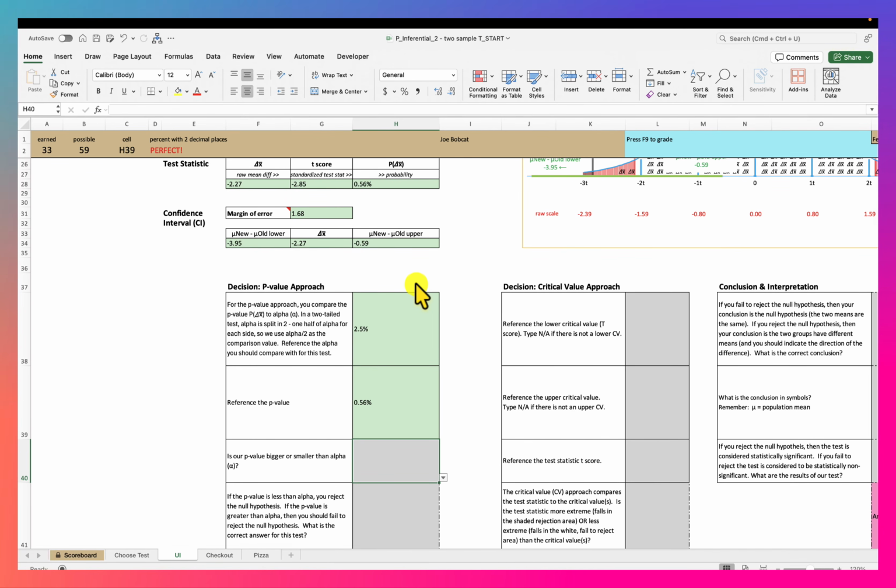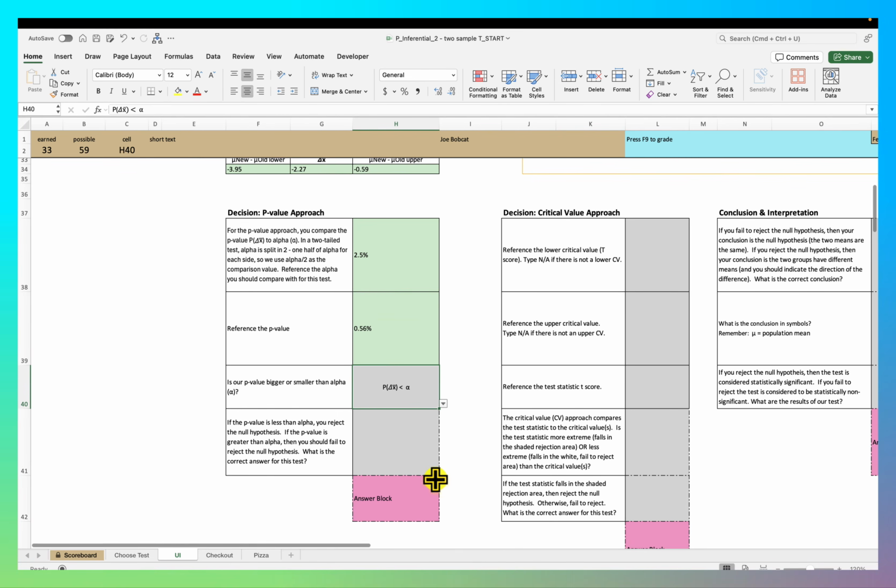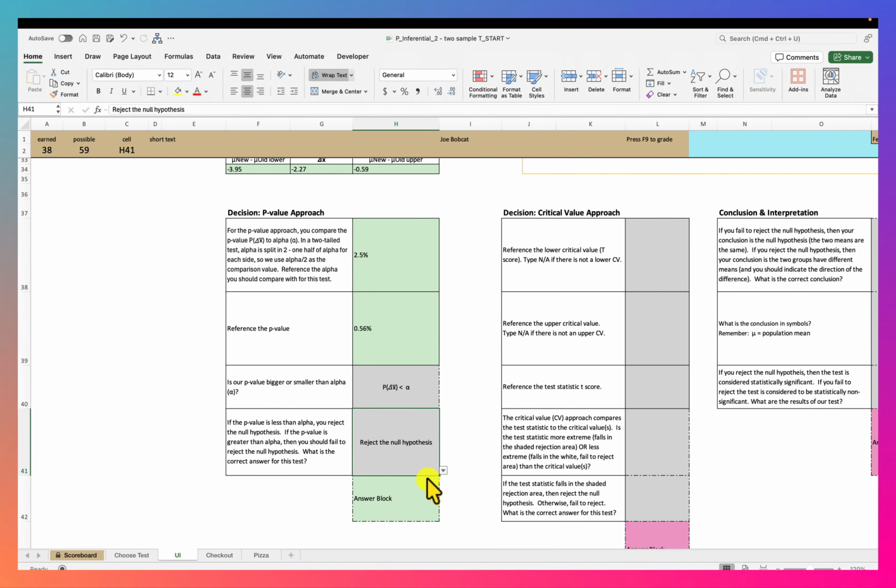Is our p-value bigger or less than alpha? It's less than alpha. Remember, it's p of delta x bar, less than alpha. So we're going to reject.